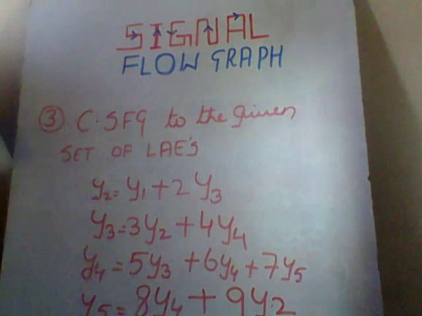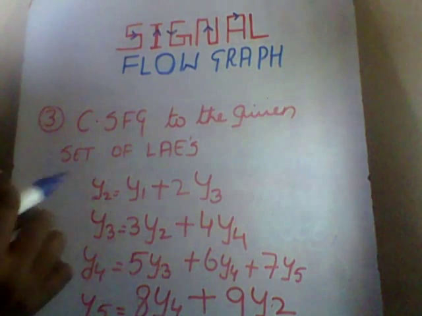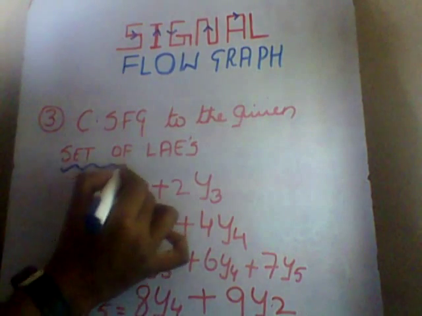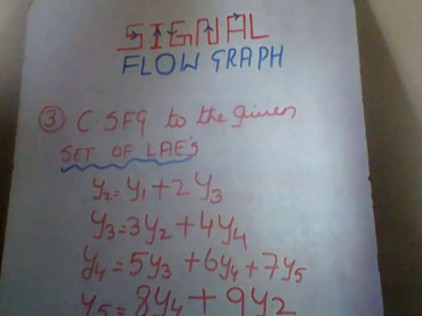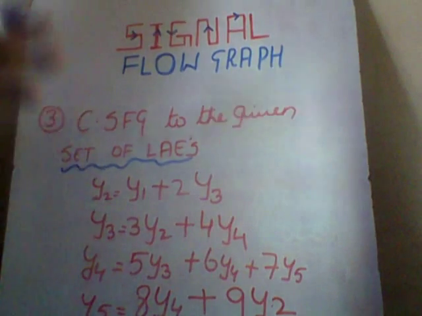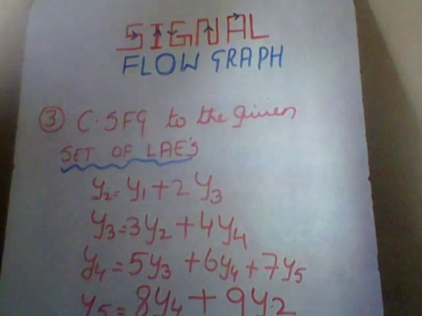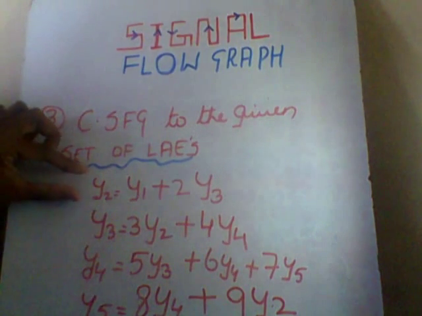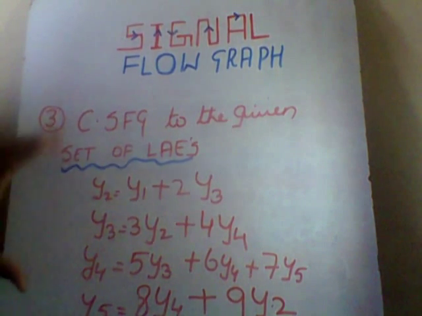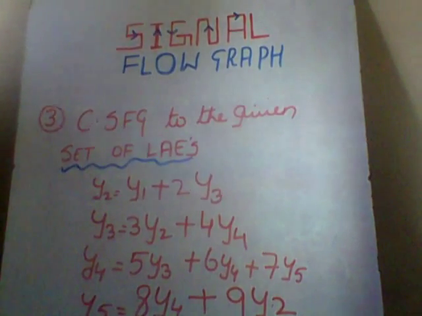The signal flow graph is a graphical representation of a set of linear algebraic equations, and that set of linear algebraic equations represents a system, right? So you should not solve the equations individually. You should consider it as a system.